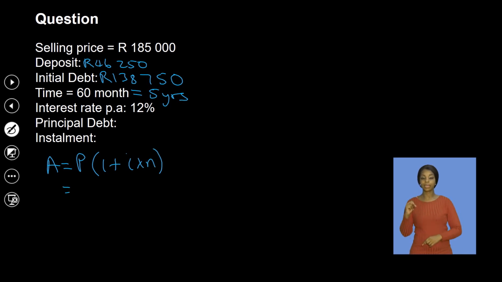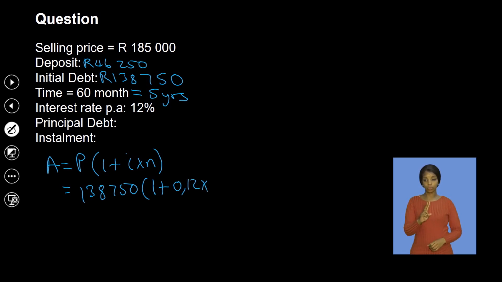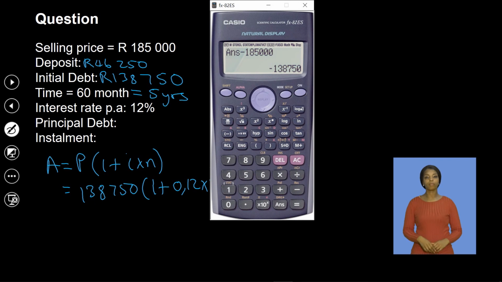My P here, which is the initial debt that this person took, which is Maria, it will be 138,750 into 1 plus the interest is 12%, so it's 0.12 multiplied by, this was for 60 months, so it's actually 5 years.